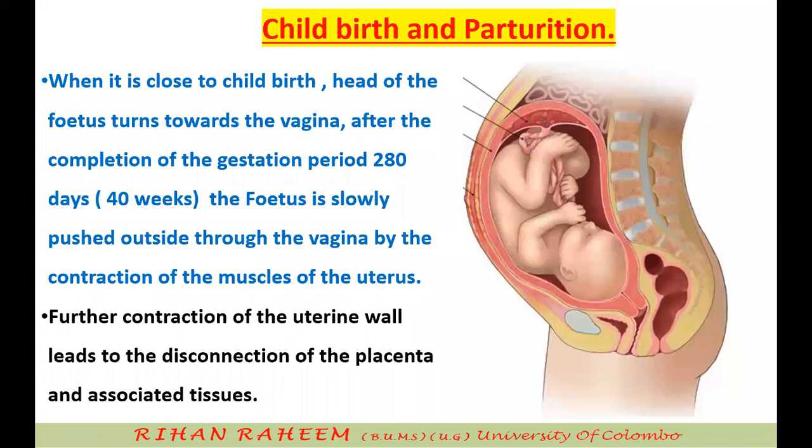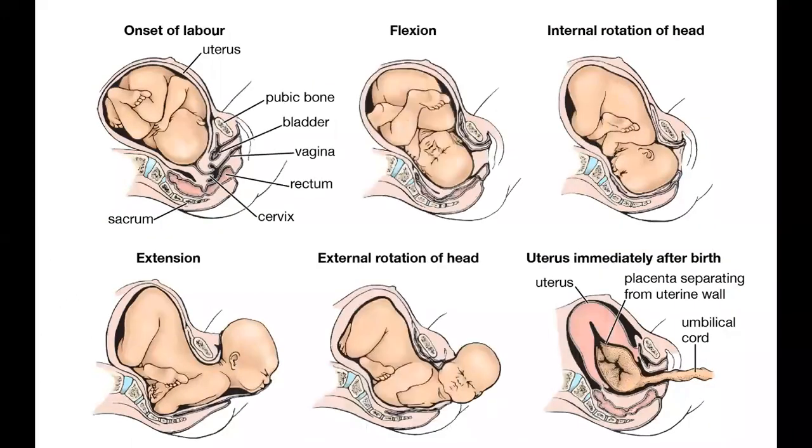That's why there is pain. And slowly the baby's head will come out. Normally the head has to come out first. Further contraction of the uterine wall, we call it the womb, also will start pushing the baby. This leads to disconnection of the placenta and the associated tissues. So everything will slowly be removed, and first the baby will come out.